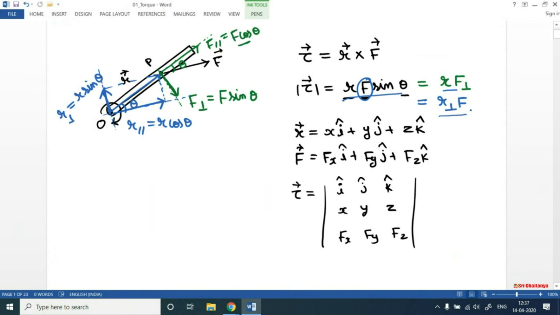And when we are talking about the direction, the direction of torque would be along r cross F, and the direction of r cross F can be found using the right hand thumb rule.